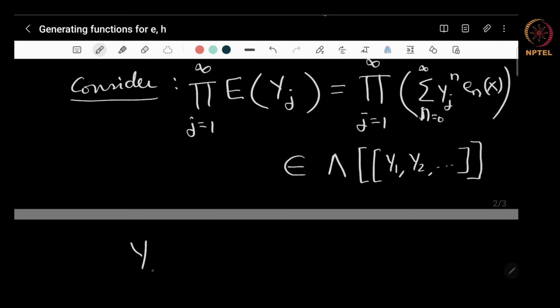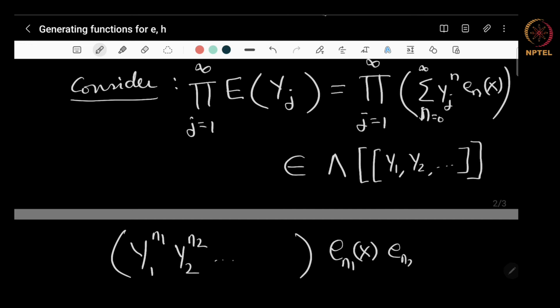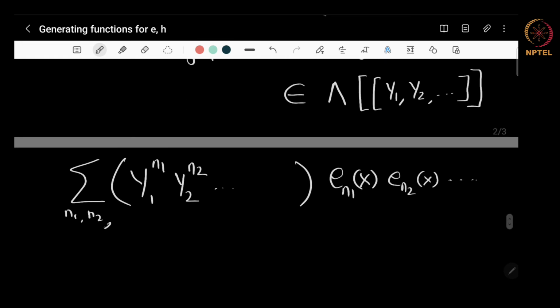So observe, if I take y1 power n1, y2 power n2, etc., the corresponding coefficient that it comes with is exactly en1 of x, en2 of x, and so on. Okay, so you can really think of this as a power series in this fashion, n1, n2, and so on, ranging over 0 to infinity.